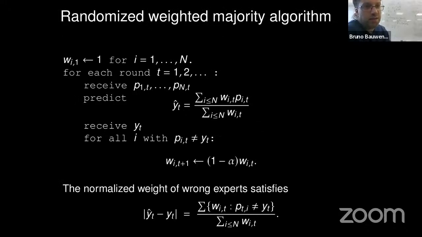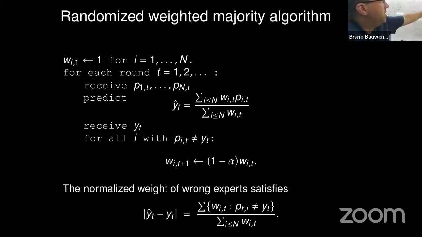Okay, and this actually goes with a very familiar algorithm. Before, we always predicted the majority vote or weighted majority, but now we can have more values. We can have values between 0 and 1, so we will just take this weighted average. Those experts who are right, we keep their weight, and the other ones, we decrease their weight. The proof follows the technique before, but we will use one substitution.